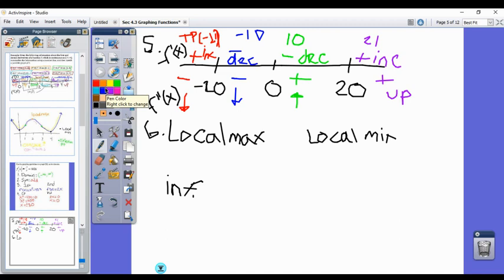And if I plug negative 20 back into my original equation, I can get the y coordinate that goes with that local max.